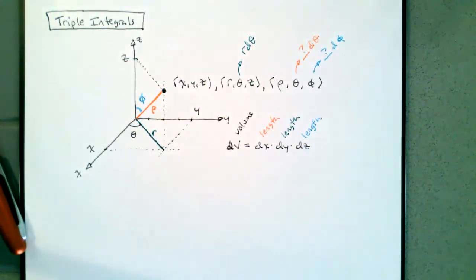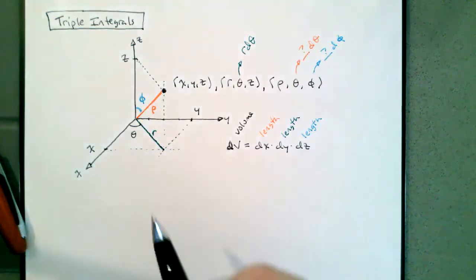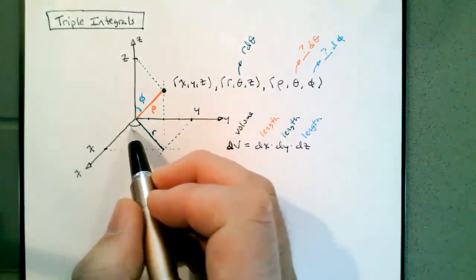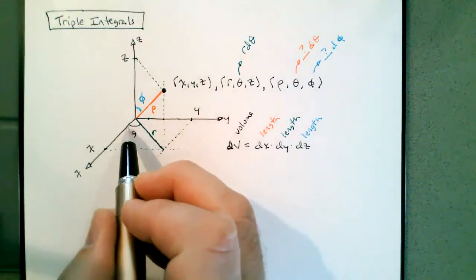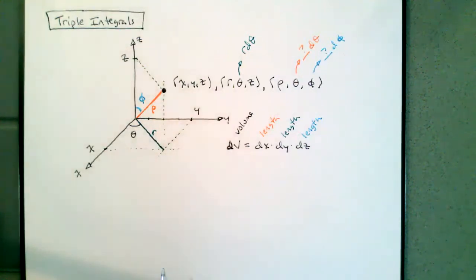What we saw in polar coordinates, and so also in cylindrical coordinates, is that theta is not a length. d theta is not measured in meters. But if we have some small change in theta, we approximate using the arc length.